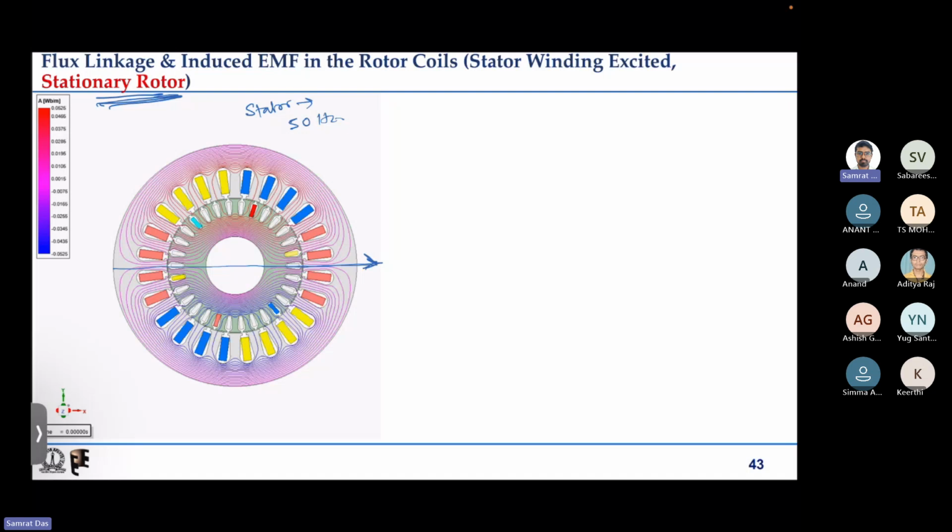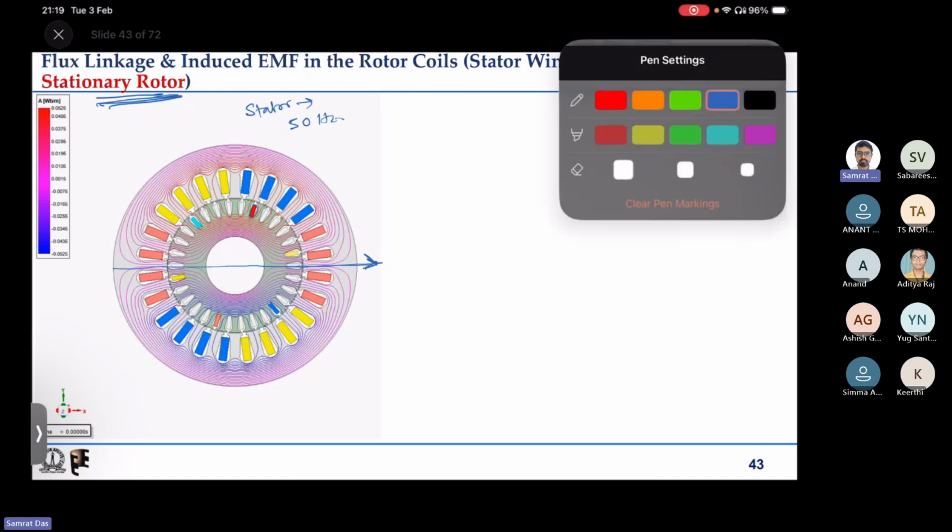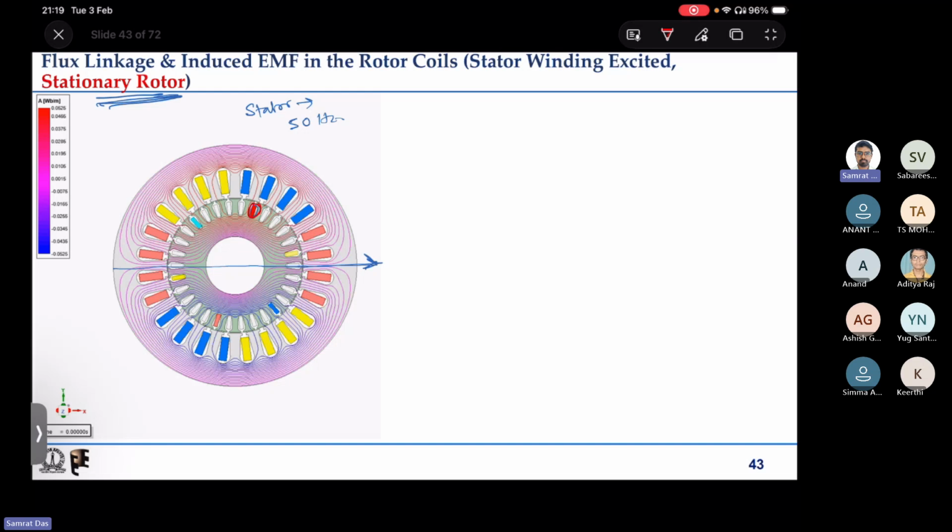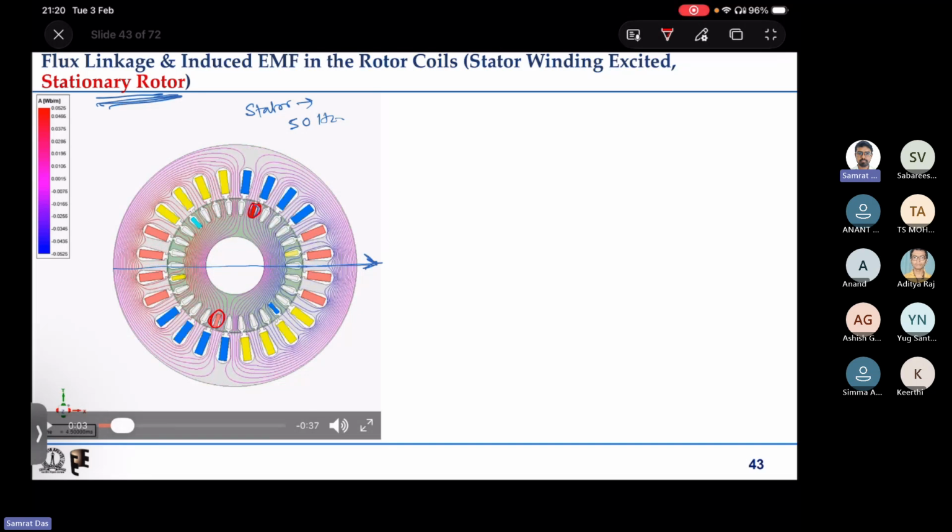It means that if you focus on these conductors at this point of time, they are linked by some flux lines. If I run it, and I will stop it, yeah, it is running.